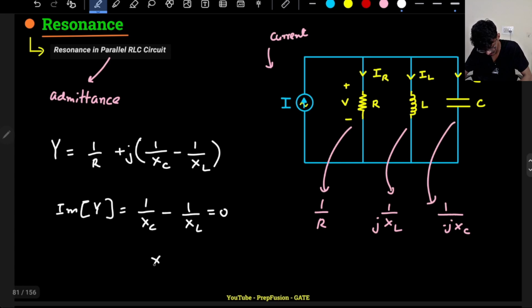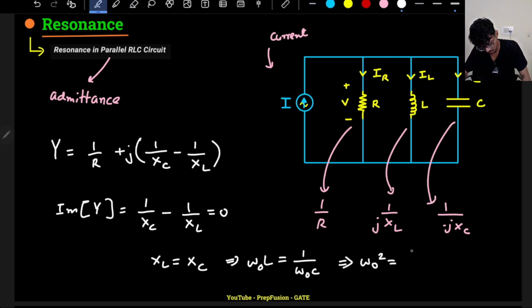So we get the same condition, XL equals XC. From here, omega naught L equals 1 by omega naught C. So omega naught squared equals 1 by LC, and omega naught equals 1 by under root LC.